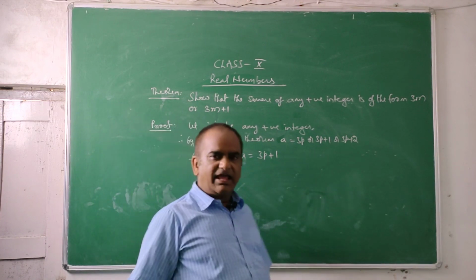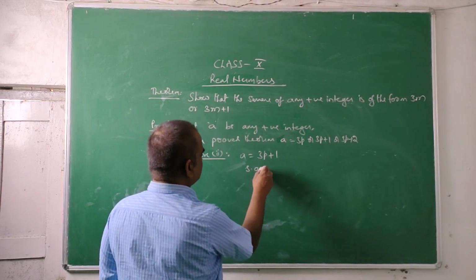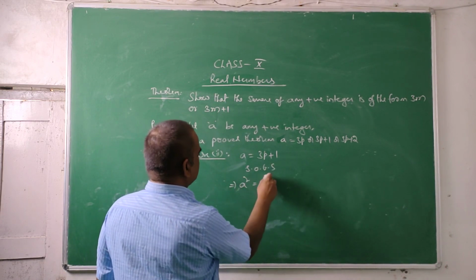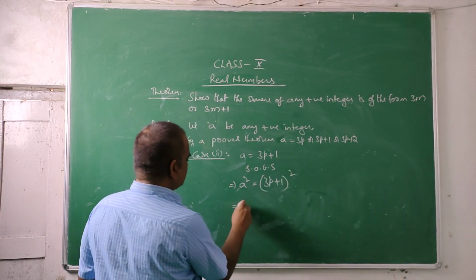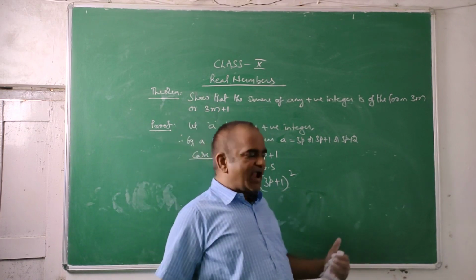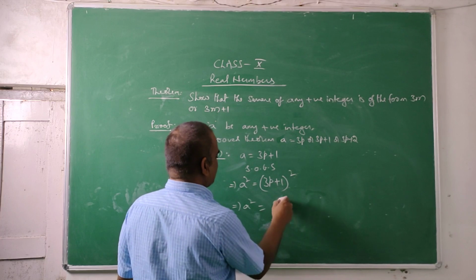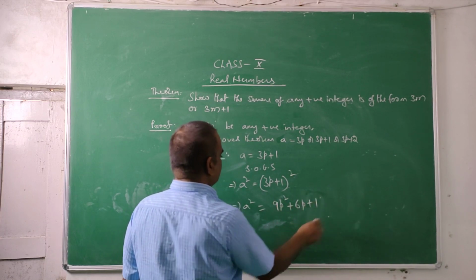So if you take a as 3p plus 1, squaring on both sides, you get a square is equal to 3p plus 1 whole square. Now you expand this using the a plus b whole square formula. Then you get 9p square plus 6p plus 1.